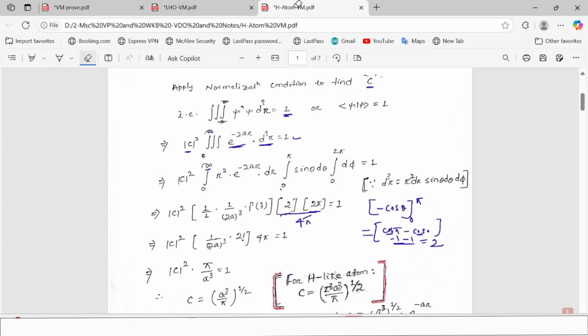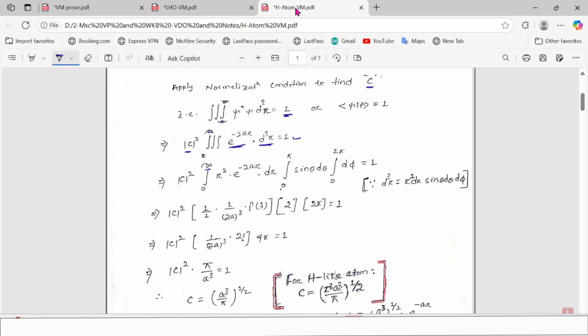In our next class, whenever we face this type of integration, I am going to directly substitute these two integrations, the sin theta d theta integration into the d phi integration, as 4 pi. I explained how it is 2 and how it is 2 pi, so it will be 4 pi.